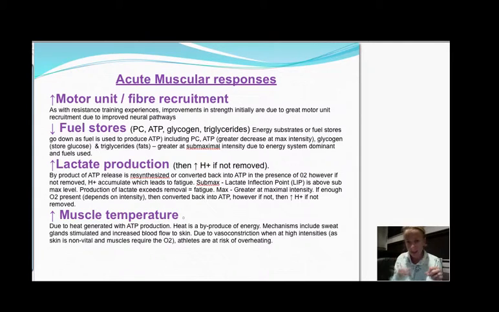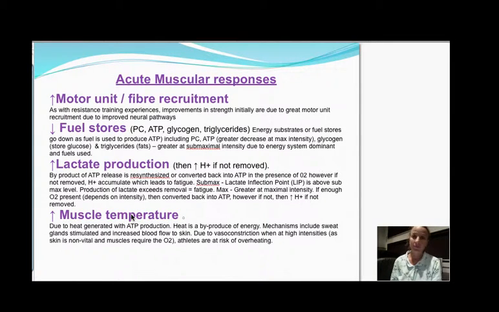It is the accumulation of hydrogen ions that will cause fatigue. But lactate is good when we have lactic acid in the presence of oxygen. That's broken up into lactate that's then resynthesized into ATP.